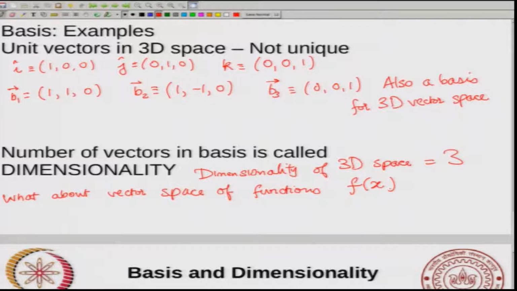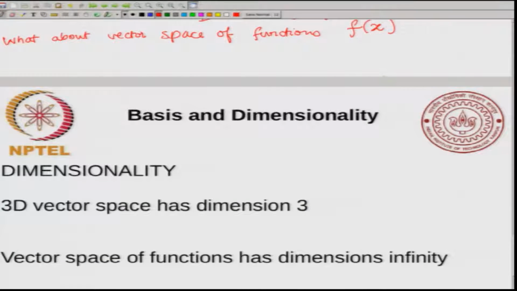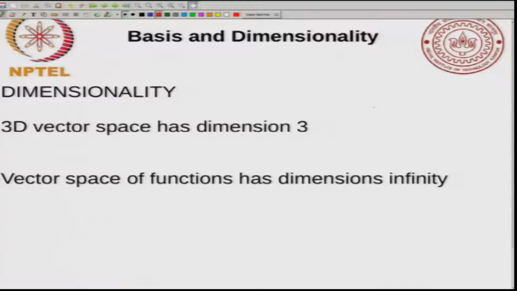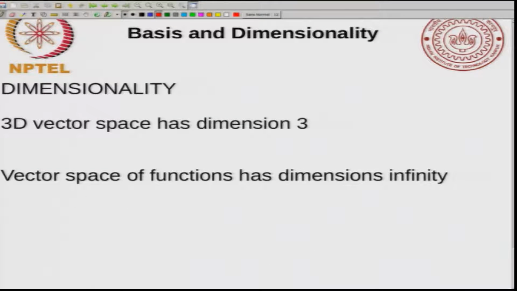So, I said that if you take the space of all functions, then that is also a vector space, and what is the dimensionality of that vector space? So, vector space of functions, this f of x. If you want to write an arbitrary f of x as a linear combination of a certain number of f of x, because the space of functions is infinite, you can have infinitely many different functions.